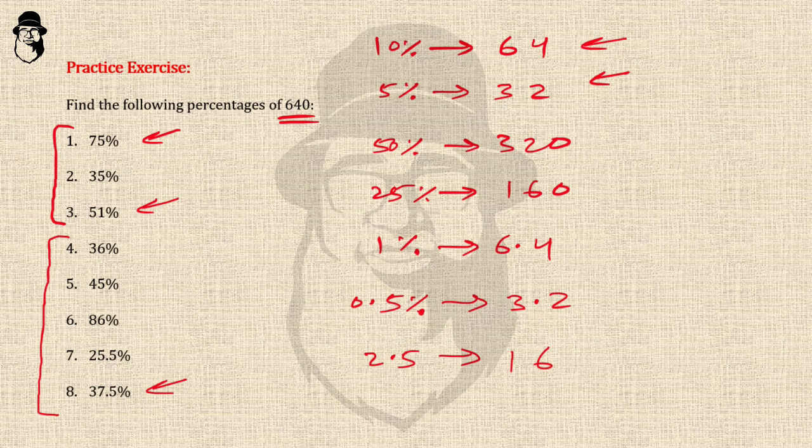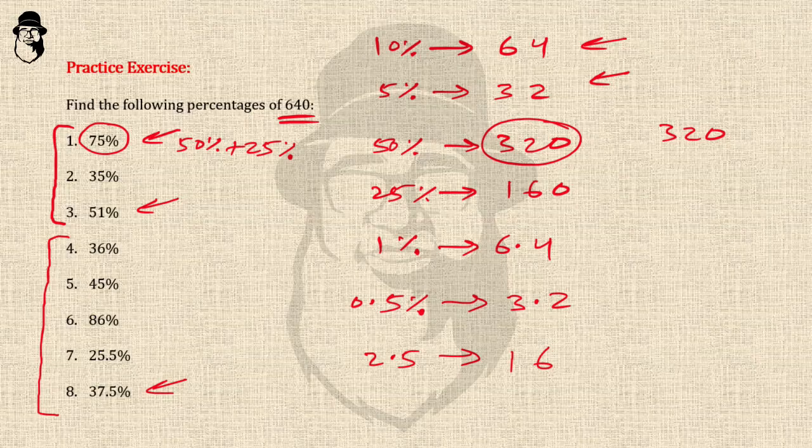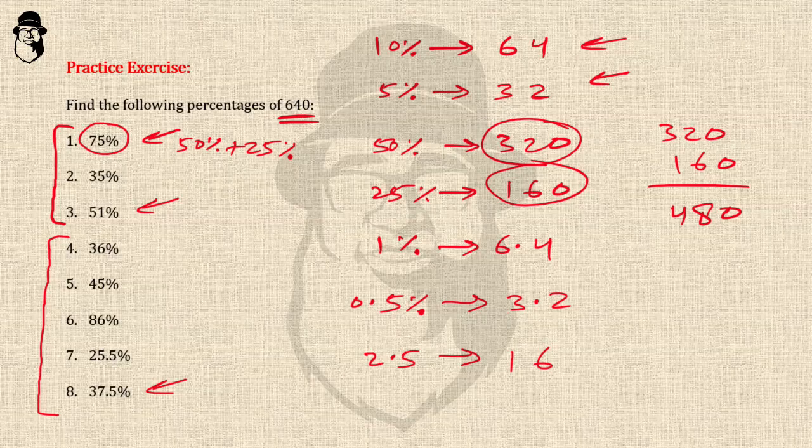Okay. Now let's get 75%. We can break it into 50% plus 25%, right? Already we have 50%, that is 320, and we have 25%, 160, and we can add them mentally. It's very easy. It's 480. So the answer to this question is 480.